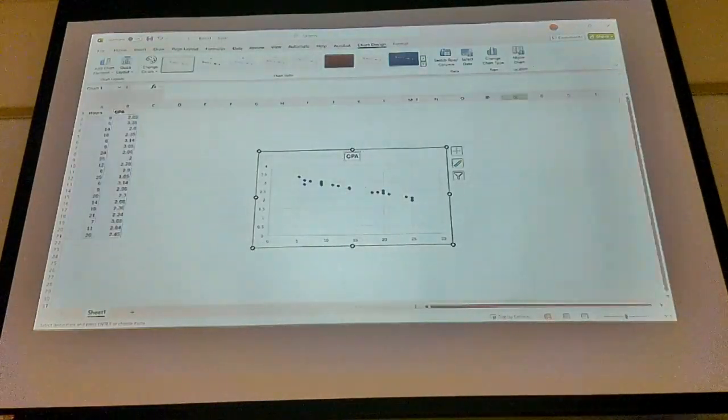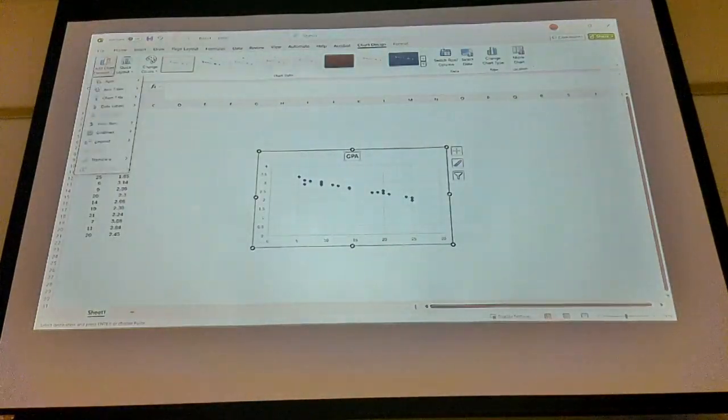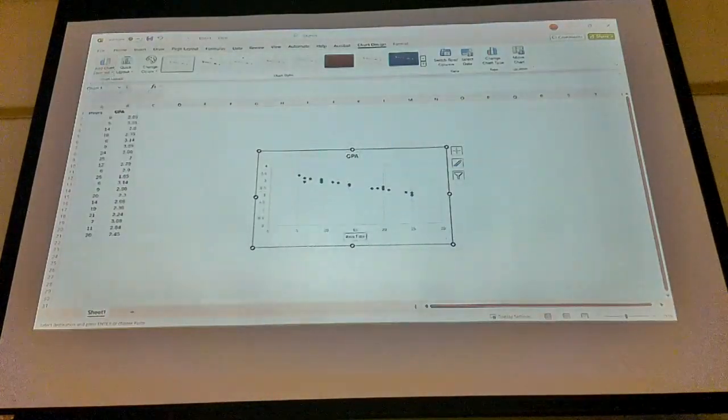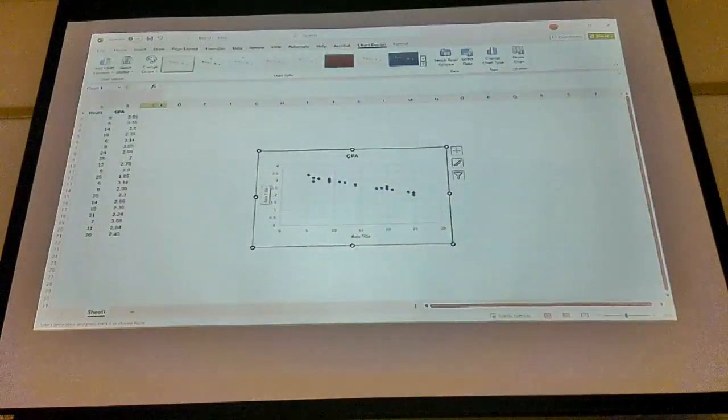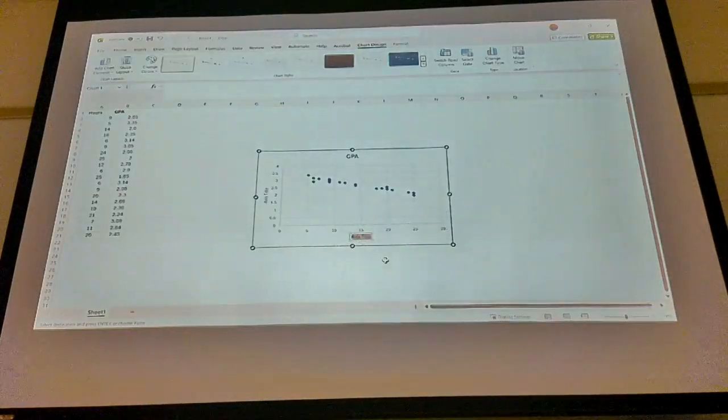Right, so what I do recommend is you come up to add chart element, axis titles, and add both of them. Primary horizontal and primary vertical, so that you can then put in a title.